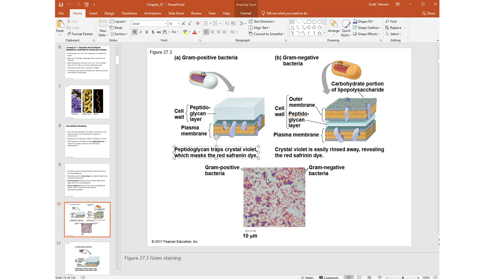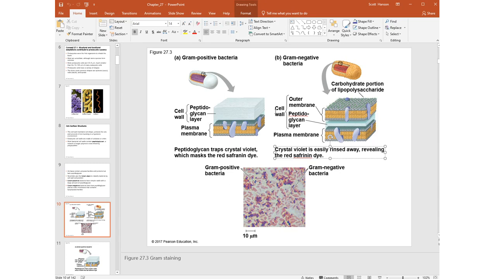So these spherical cocci are the gram-positive ones, and the rod-shaped bacilli on this slide are the gram-negative ones. And in the gram-negative bacteria, the crystal violet is easily rinsed away, and it reveals the red safranin dye that has dyed these gram-negative bacteria a pinkish red color.